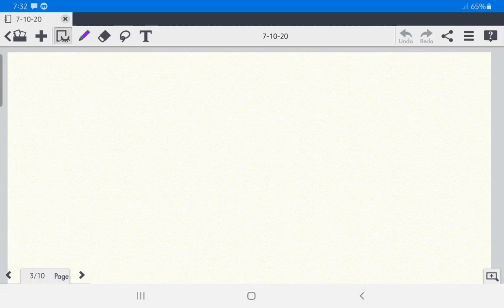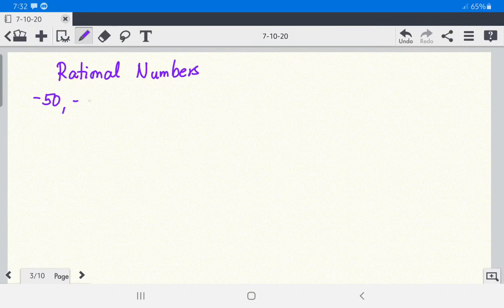Before we proceed to our examples, let us have examples of rational numbers. Examples of that are, let's say, negative 50, negative 25, negative 2, negative 5 over 2, negative 1/2.